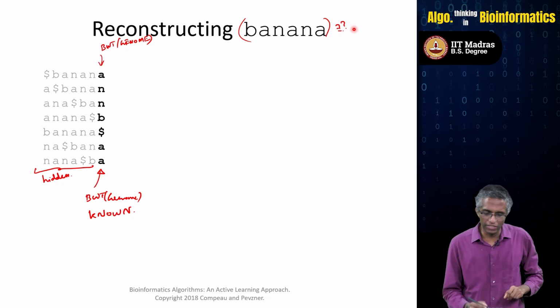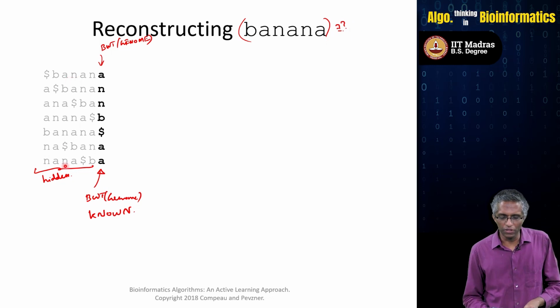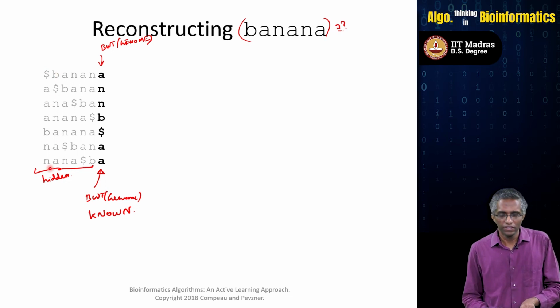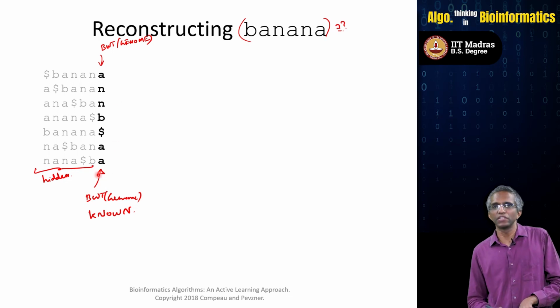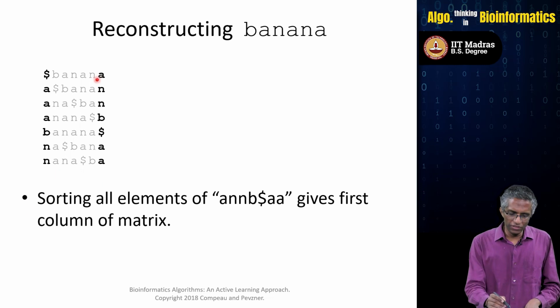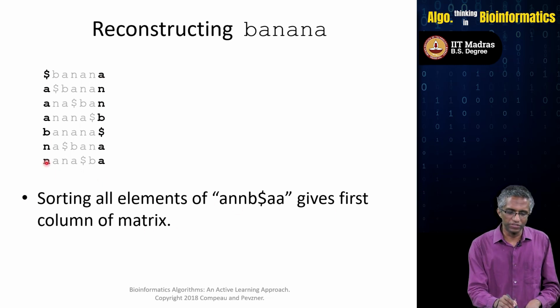In this case, banana dollar, right? We know that lexicographic sorting will be sorting the first column before it sorts the second column, right? That is how it works. And I know all the letters in the genome, so the first column is going to be simply the sorting of all these letters in this last column, right? So sorting all of these A, N, and B, dollar, A, A will give me the first column of the matrix, right?